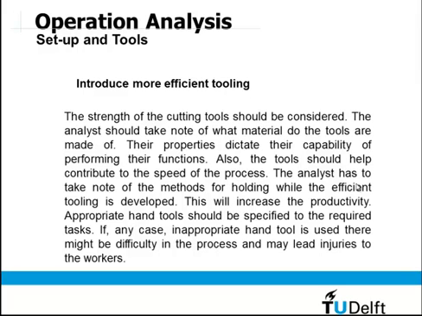Here the strength of the cutting tools should be considered. The analyst should take note of what material the tools are made of, what type of material, what metal. So the properties dictate their capability of performing their functions.